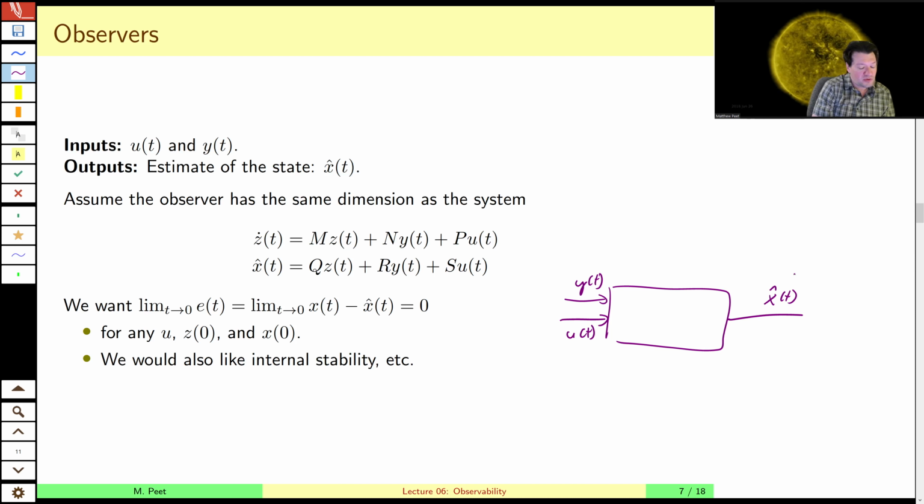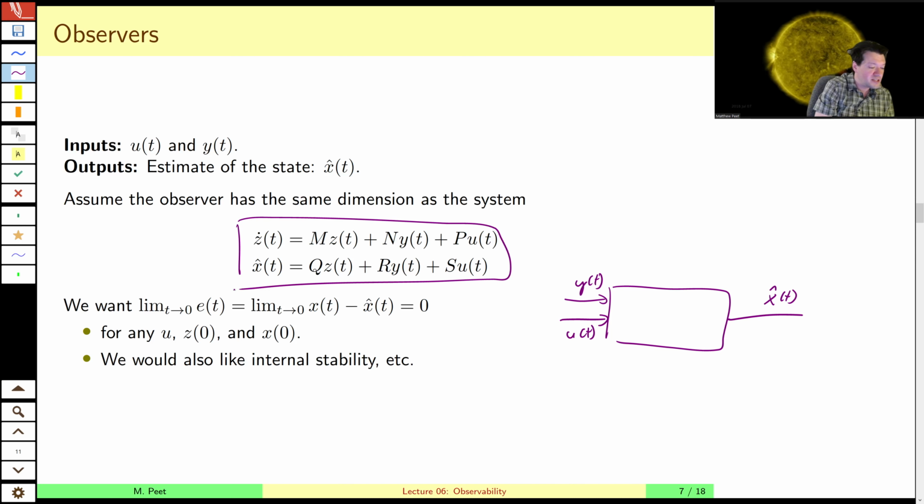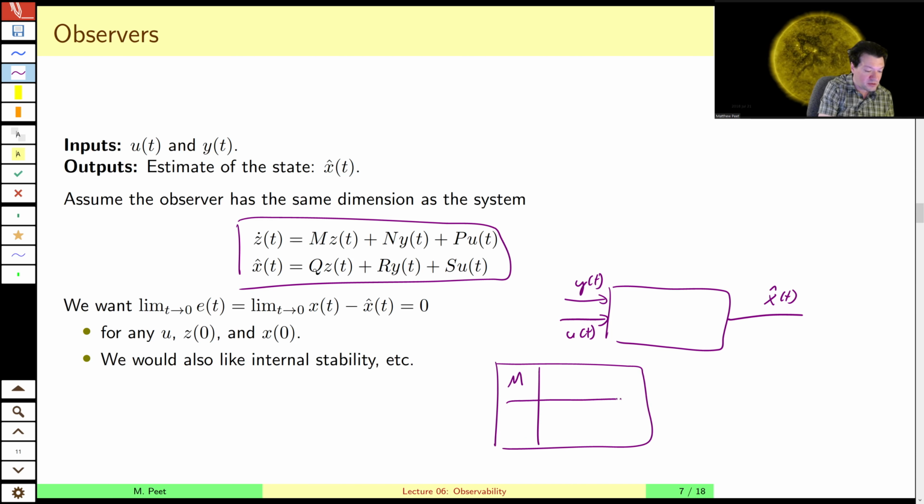So what's the most general form of linear system that we can construct given these inputs and this finite dimensional output? Well, we'll just parameterize it with 6 matrices. If you want, you can write the 6 matrix representation. We haven't talked about matrix representations yet, but we've got M here, and it has 2 inputs and a single output.